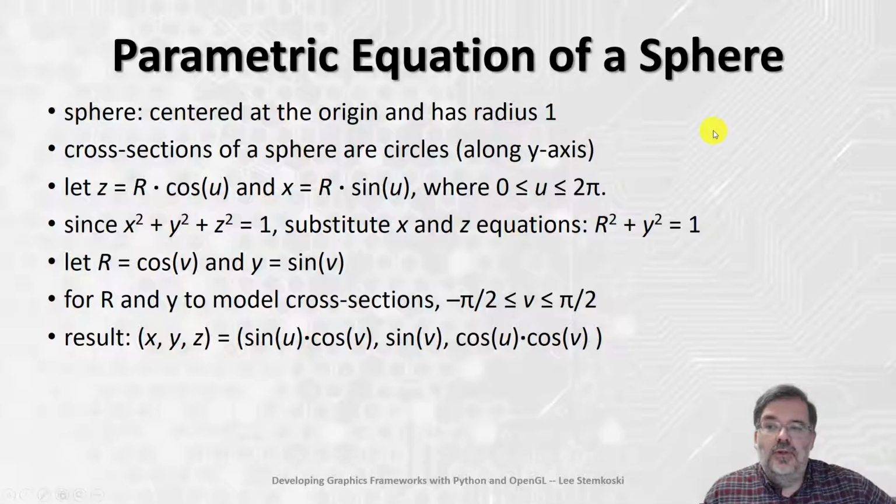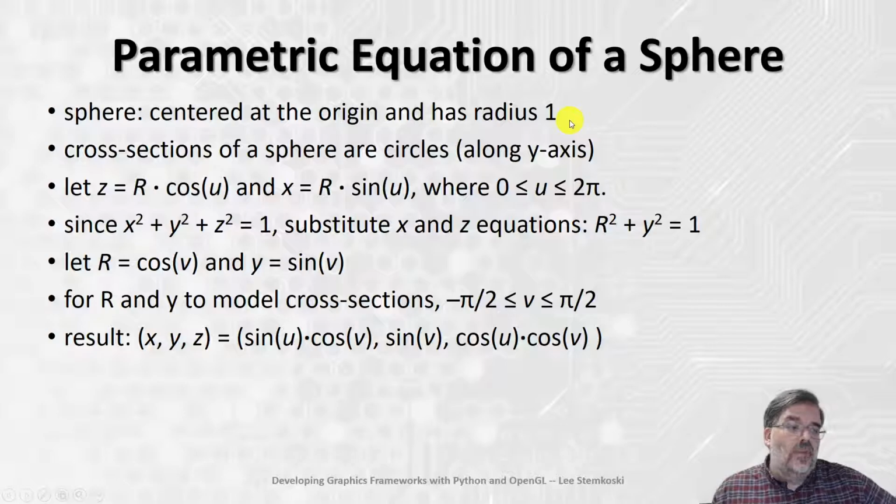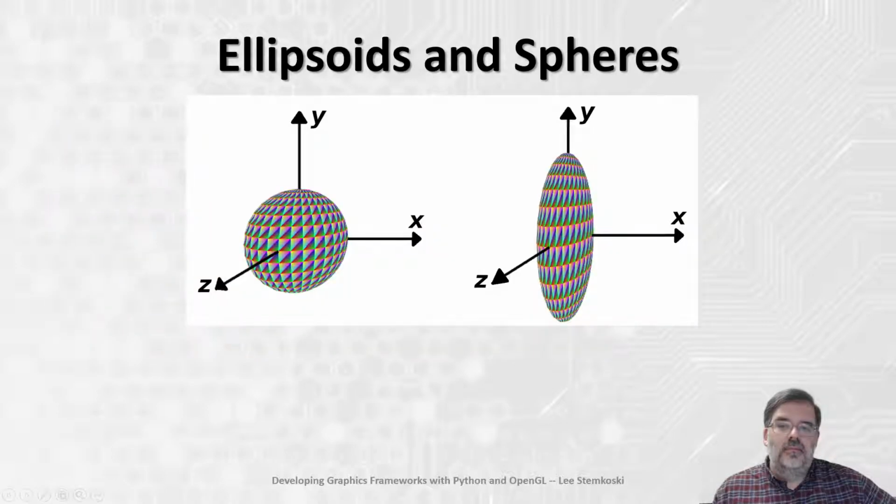It's actually not too bad. For simplicity, we're going to assume that the sphere is centered at the origin and has radius 1. And the way we're going to think about a sphere, we're going to think about taking cross sections of a sphere. So for example, imagine slicing it along the y-axis, kind of slicing into pancakes from left to right.